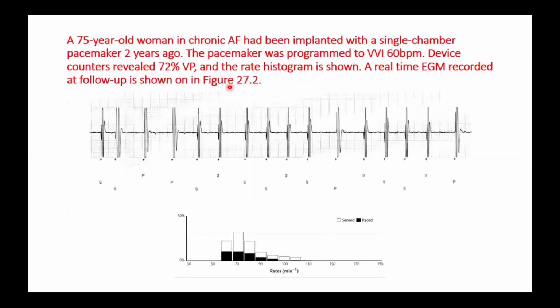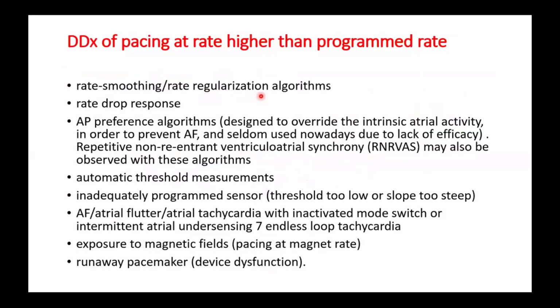In a patient with irregular heart rate like atrial fibrillation, the pacemaker paces at a higher rate and makes the rhythm as regular as the pacemaker can. It's not very regular, but it's not very irregular. So this is the rate smoothing algorithm feature.